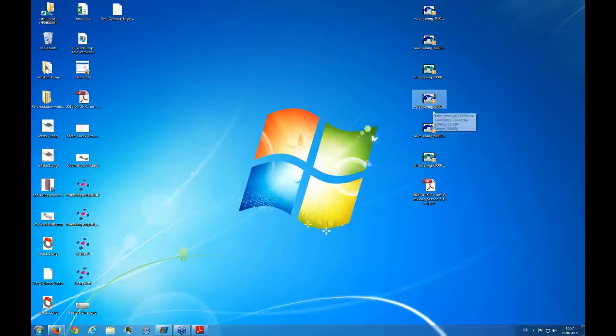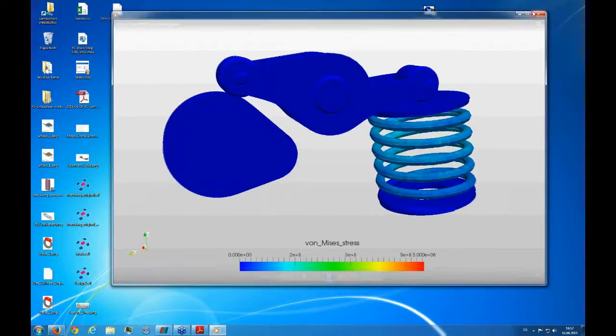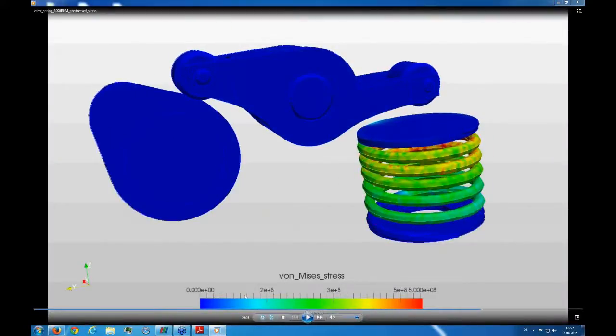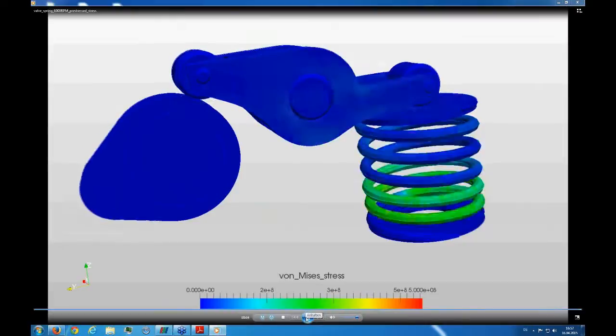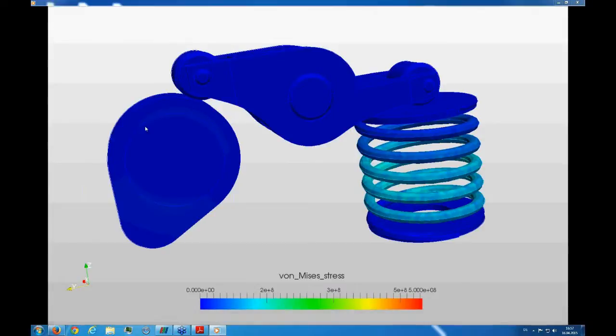So let's have a look at the stresses. We have 6,000 RPM rotation velocity of the camshaft. That means we were in the range of 12,000 RPM of the crankshaft, so 6,000 RPM of the camshaft.